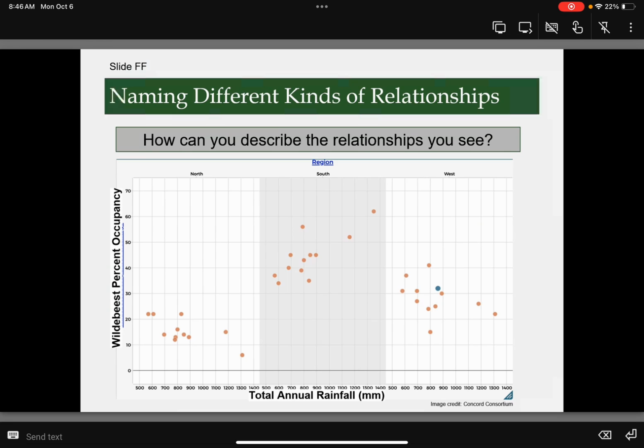So what percent of the wildebeest are occupying that area? Yeah, for each section. And then also, south is the middle.